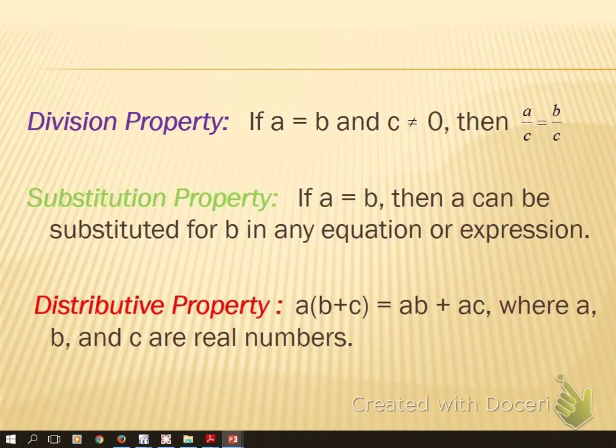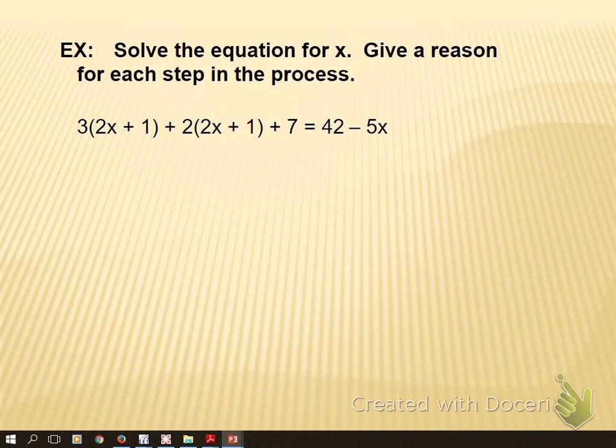We've actually done that in this class. And then your distributive property, which says if you have any term sitting outside a set of parentheses, you can distribute that term to inside the parentheses, and when we distribute, we multiply. Okay? So those are the properties that we're going to use to justify our algebraic proof.